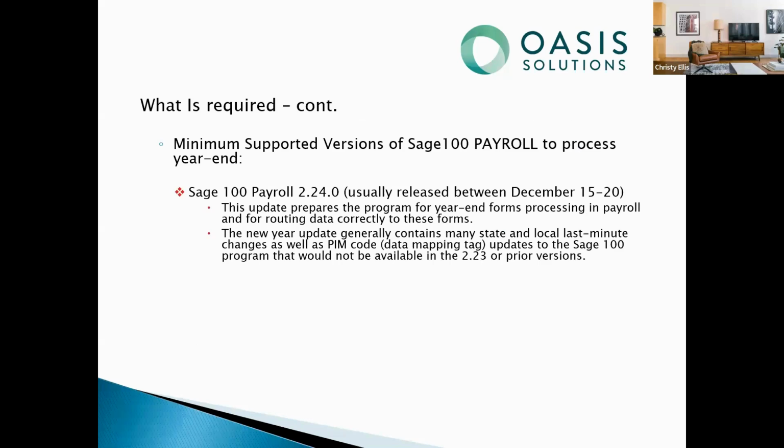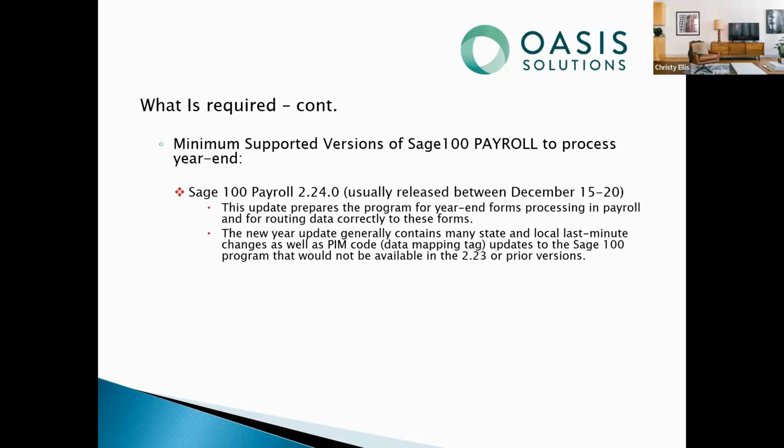So payroll 2.24, what does that entail? That updates the Sage 100 program and prepares it for the routing of the data to move over into the Atrix forms, so it's pretty important for that. It also contains some code changes for how it processes data for your payroll.